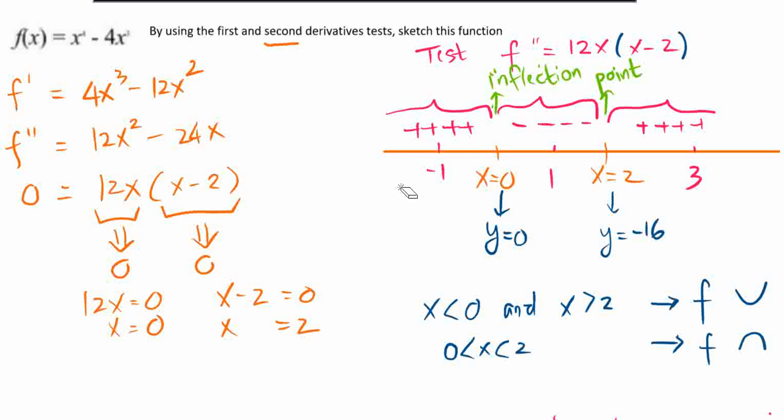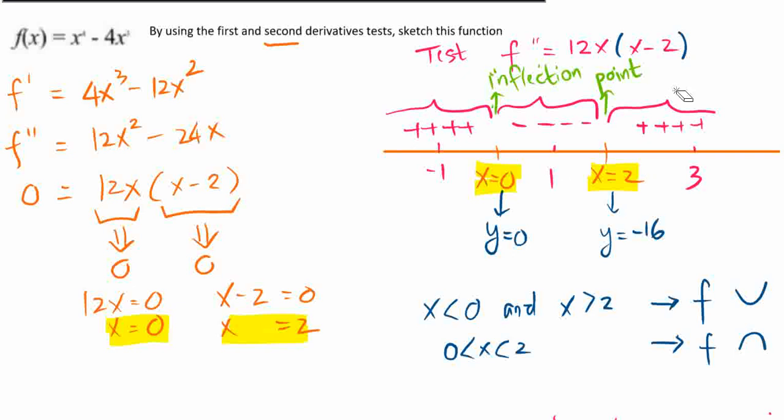Now let's put them on the number line. So x equals 0 and x equals 2 on the number line. Now we have three segments. The first segment is the values of x smaller than 0. The second one is the values of x between 0 and 2.